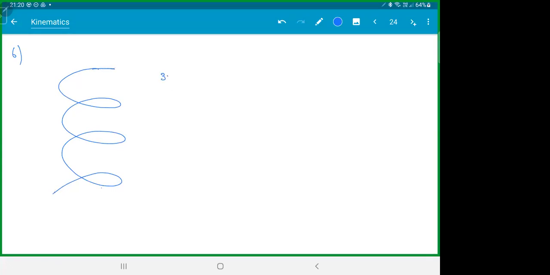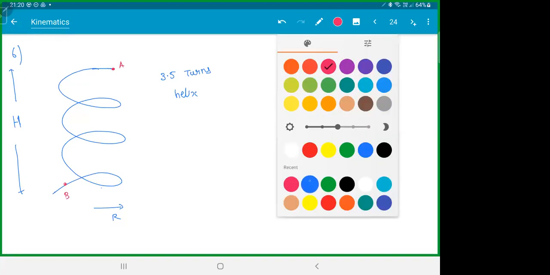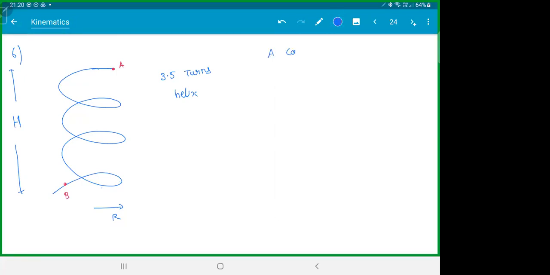So this is a 3.5 turns helix. The radius of this car parking lot is r, and the total height is h. We have a point A here and a point B here. It's 3.5 turns. So a car goes along a helix from A to B as shown. Find the distance and displacement.